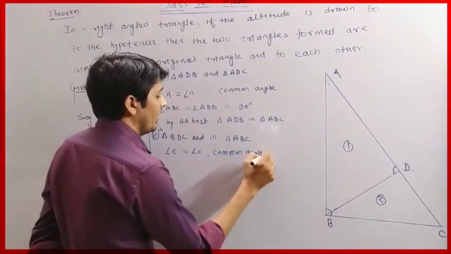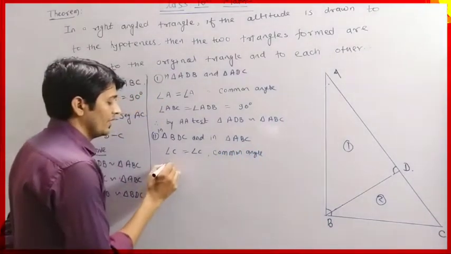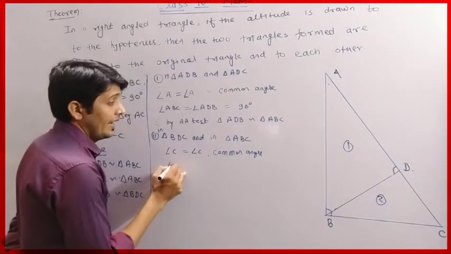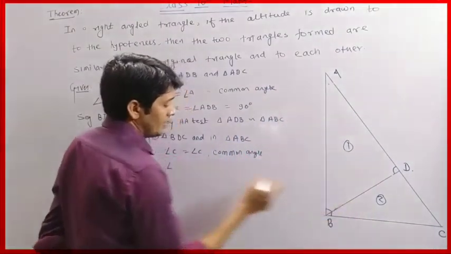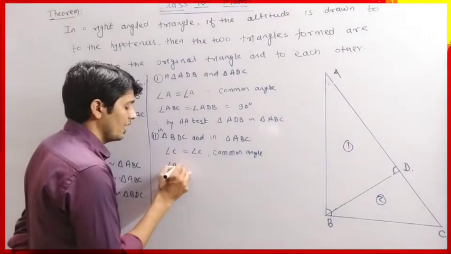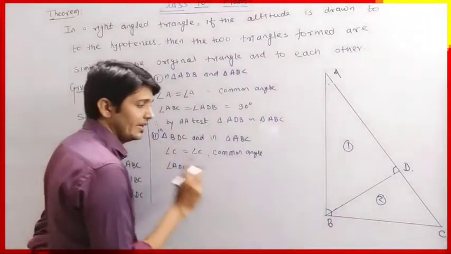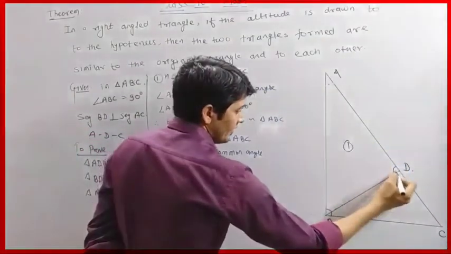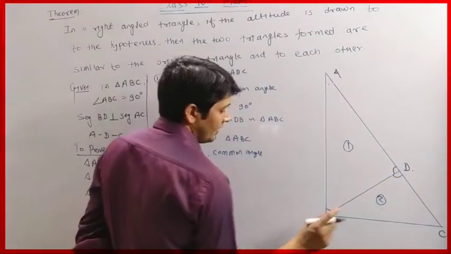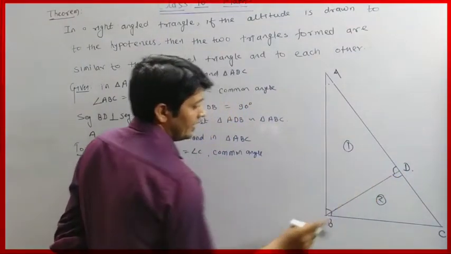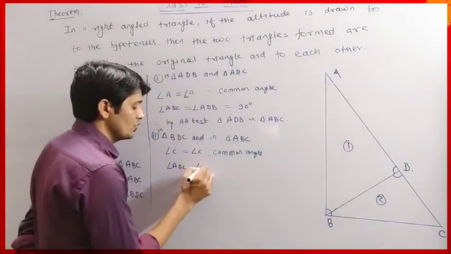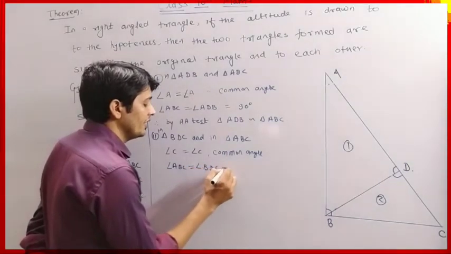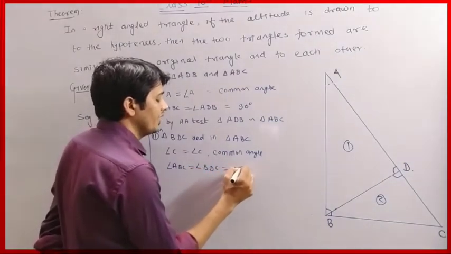Again angle ABC is 90 degrees, and angle BDC is also 90 degrees.